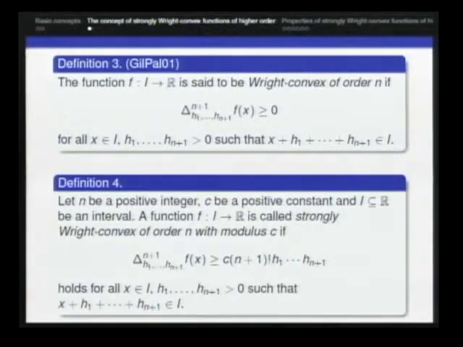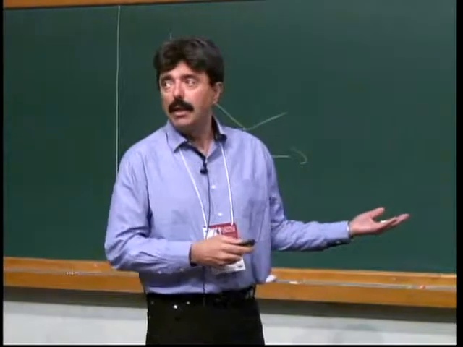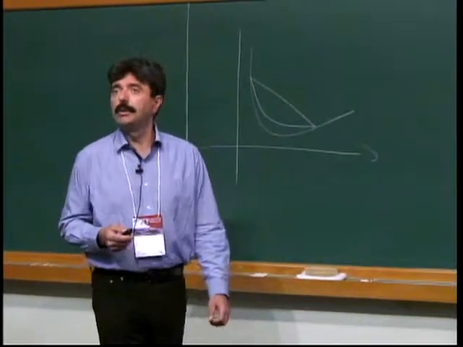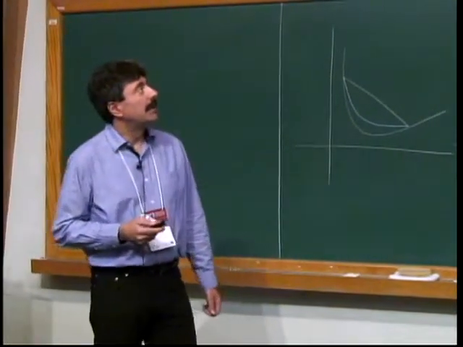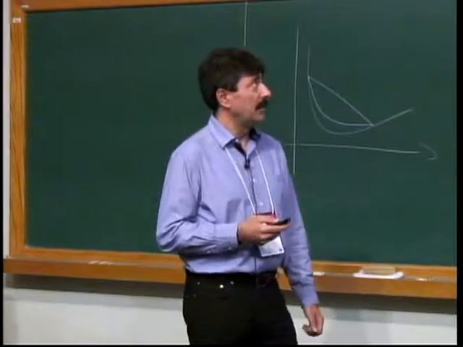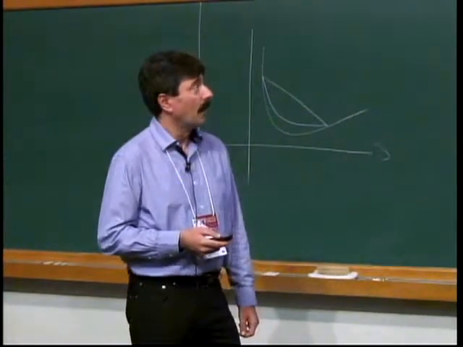Yes, C will be a positive constant, and the left-hand side is greater than or equal to not 0, but C times n plus 1 factorial times h1 times and so on hn plus 1. It is easy to see that also in this case, when n equals 1, we get back the concept of strong Wright convexity with modulus C.